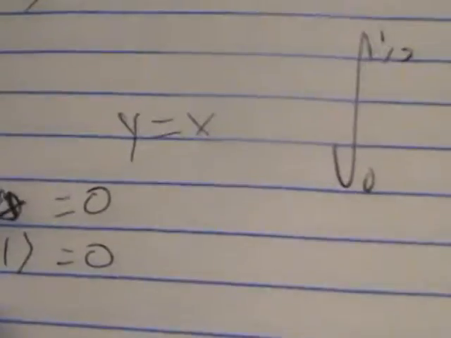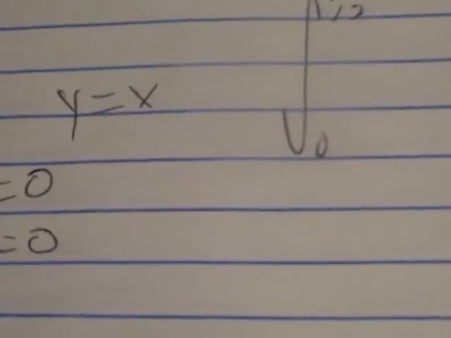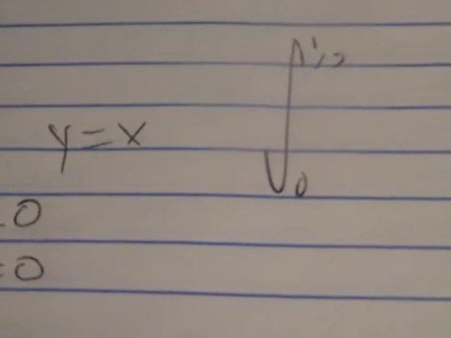So let's pick 1/6. 1/6 squared is equal to 1/36, and 3 over 36 equals 1 over 12. y equals 1/6 is bigger than 1 over 12, so we know y equals x is going to be on top. So we're going to put x minus 3x squared dx.